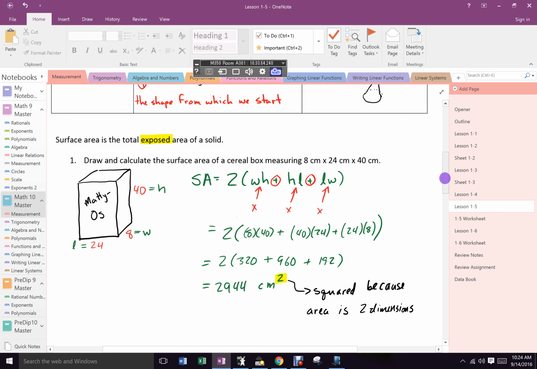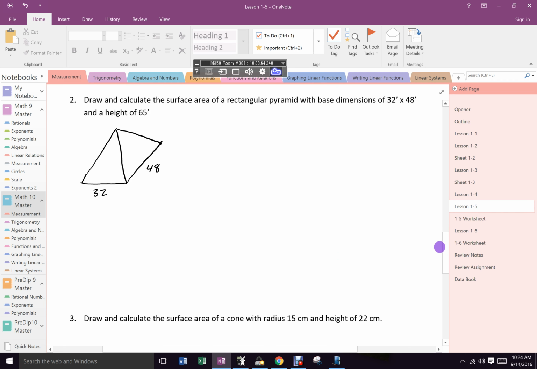What you do, if there's no formula, you find each face's area, and add them up.